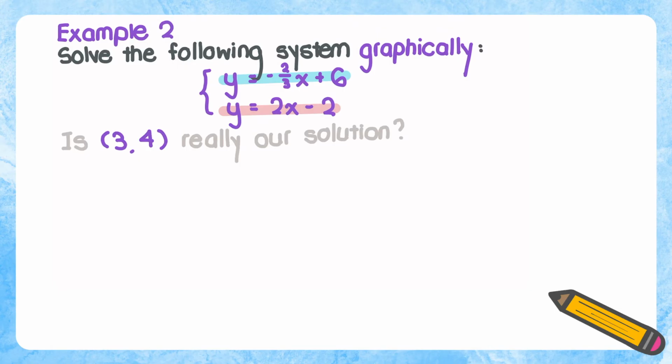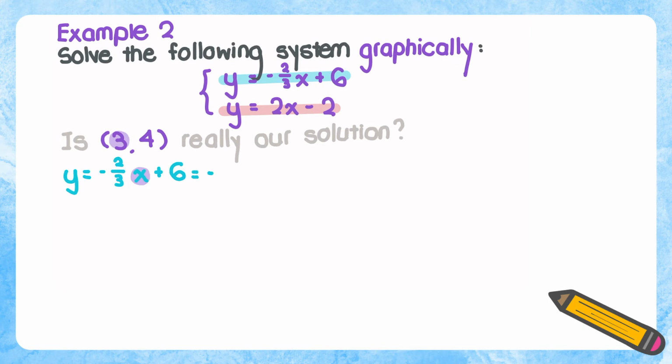So we're going to replace the x values with the x value 3 of our coordinate point. For our first equation, y equals negative 2/3 times x plus 6, we're going to replace the x value by 3.